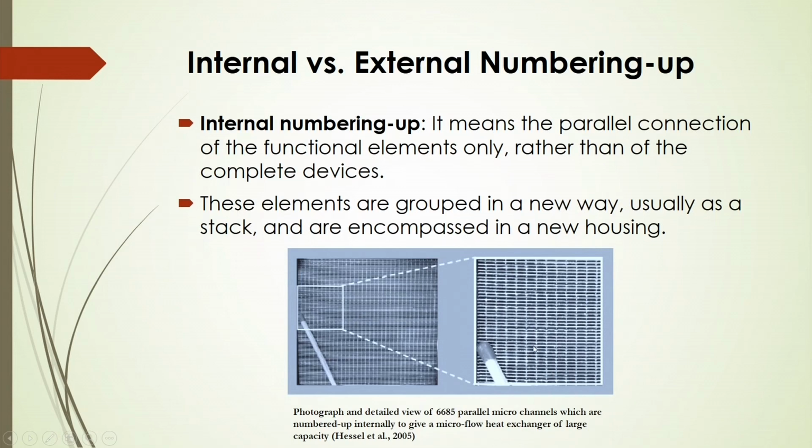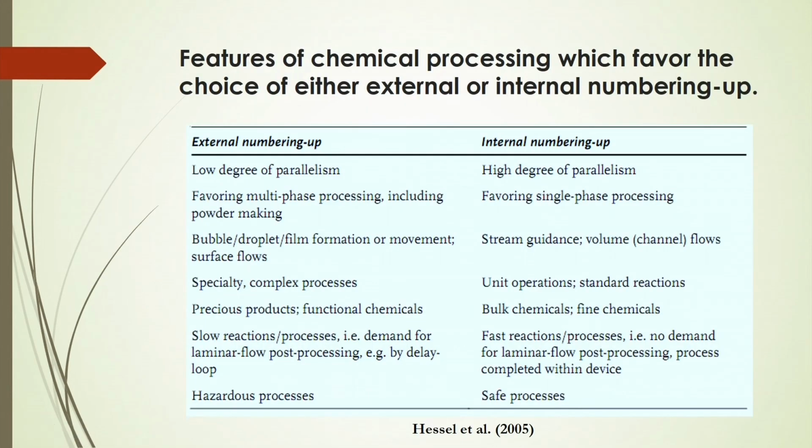And some features of chemical processing favor the choice of either external or internal numbering up. Now, if you are using an external numbering up system of micro devices, in that case you may have a low degree of parallelism favoring multi-phase processing, including powder making.